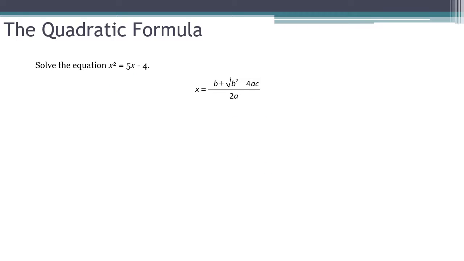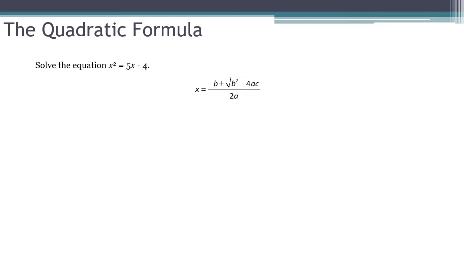All right, so let's look at another example. Take a look at this one. Now here you have to be careful. This is another one of those "math is a very literal thing" kinds of issues. When we derived the quadratic formula, it started off with ax squared plus bx plus c equals 0. So to use the formula, I have to get my equation into that shape.